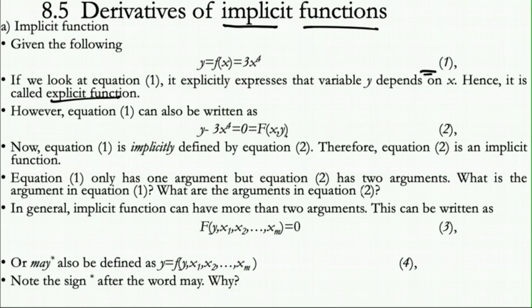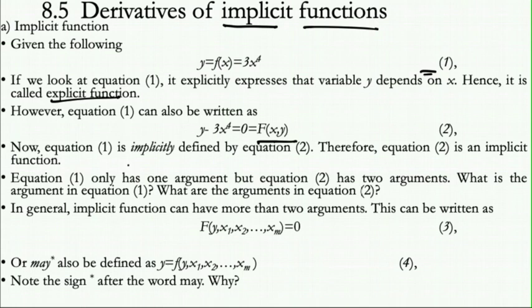Therefore, if we try to write it in generic form, f(x, y). Initially we know that y depends on x, but in expression 2, implicitly, we know that y depends on x, because we put all the variables on the left-hand side, and on the right-hand side is just a constant, which is 0.